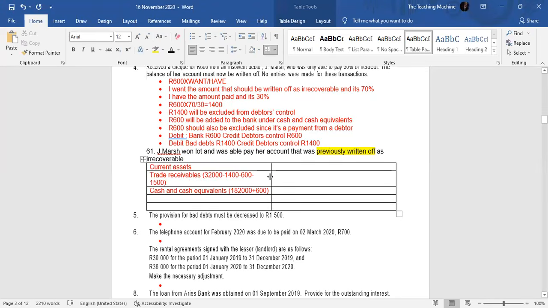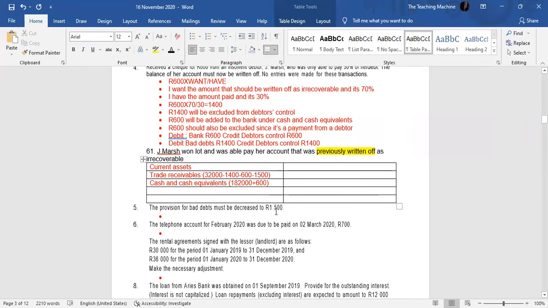If you are doing the statement of comprehensive income, the difference between 4,000 and 1.5 would be treated as income. But if you're doing the statement of financial position, whatever amount that needs to be provided as provision should be disclosed as provision for bad debt in the statement of financial position under trade and other receivables.